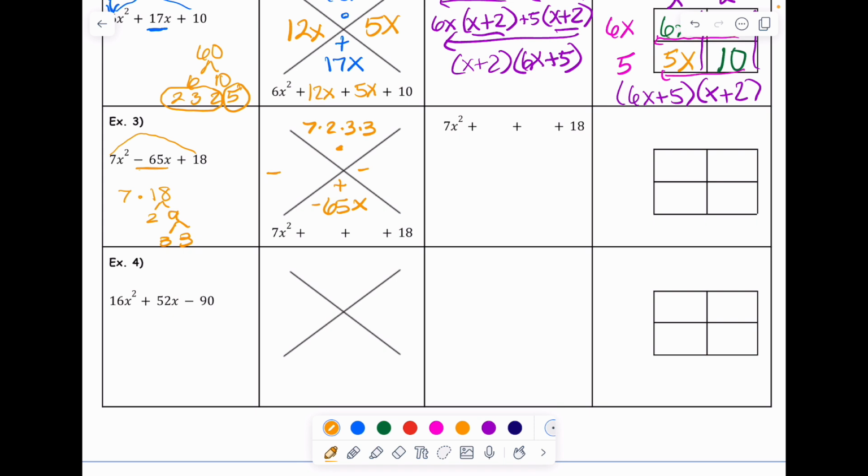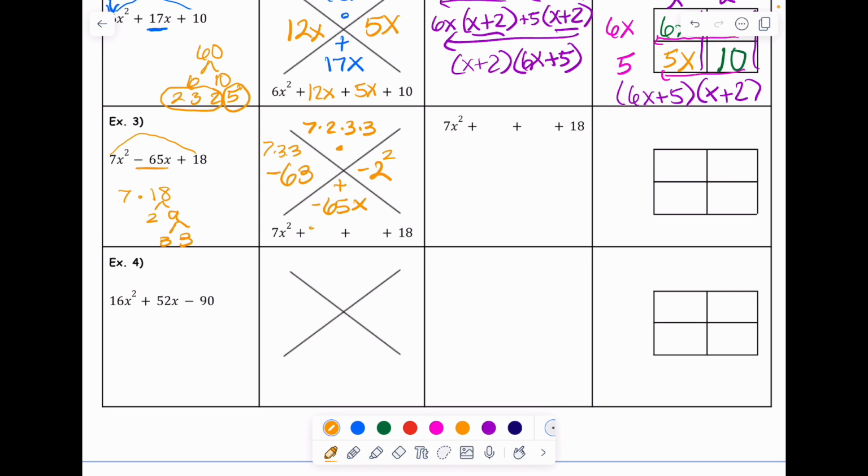And now we need to make a pretty good size number, right? So we might need to put all the big guys in one bucket and a little guy over here. So on this side we would get 63, and on this side, we get a 2. And when we add those together, we would get a negative 65.